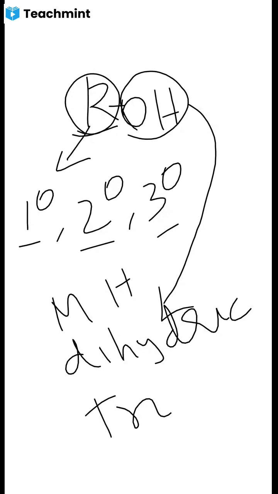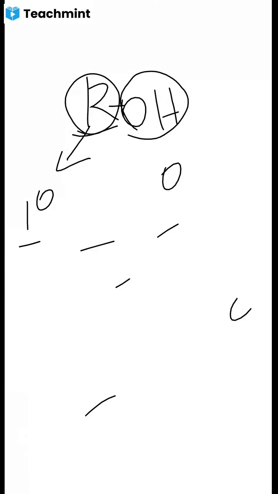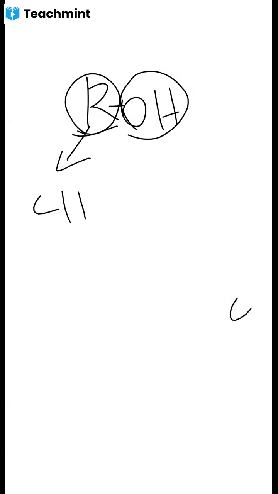So afterwards, based on OH, we have monohydric, dihydric, and trihydric. Monohydric contains only one OH. இப்போ நம்ம பார்த்தது எல்லாமே ஒரு OH உள்ள compound.